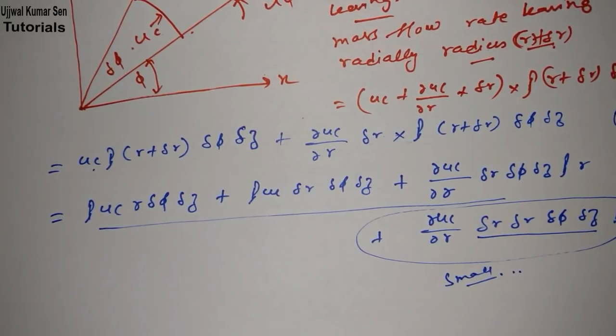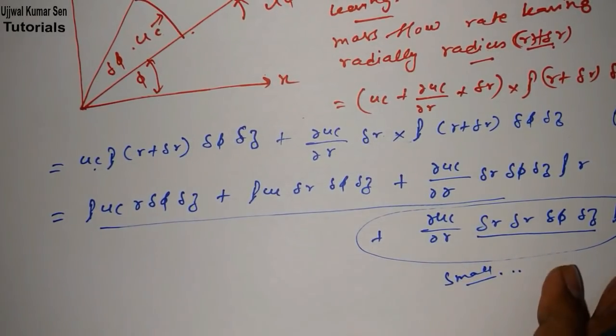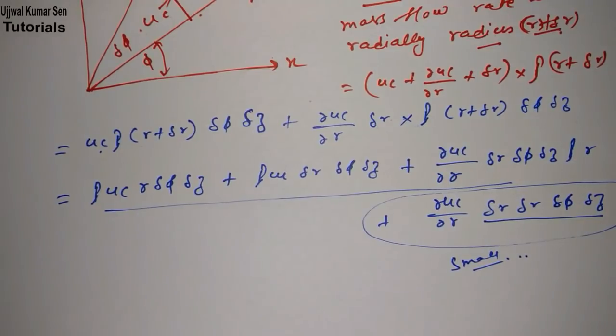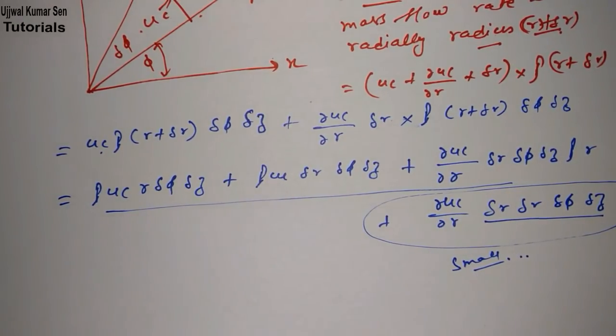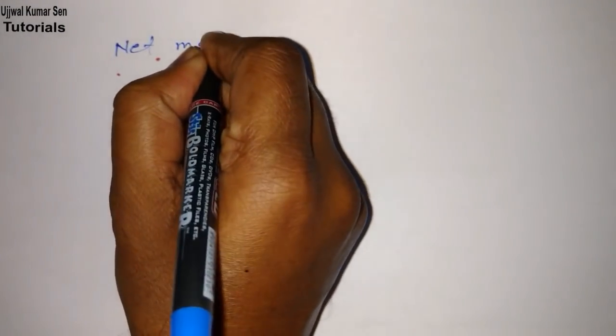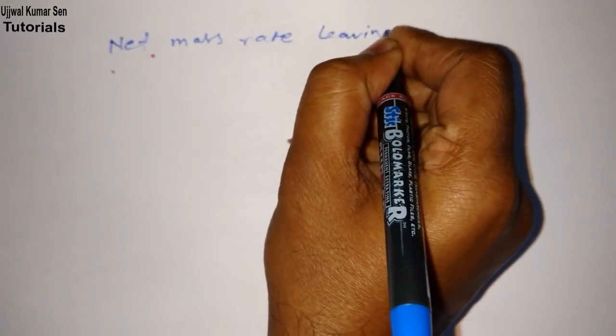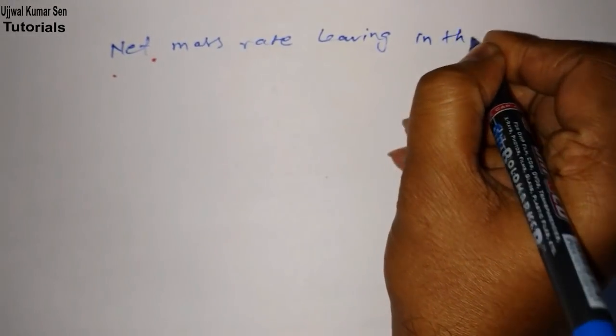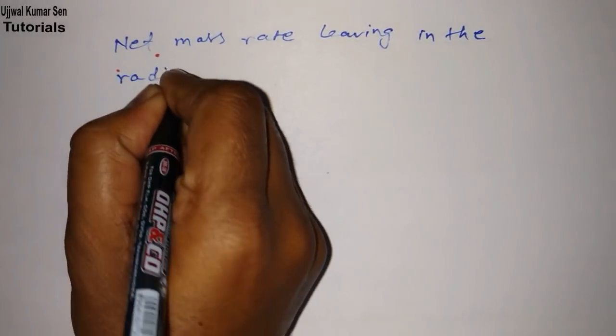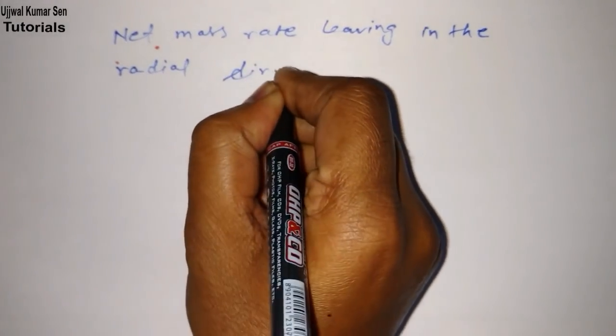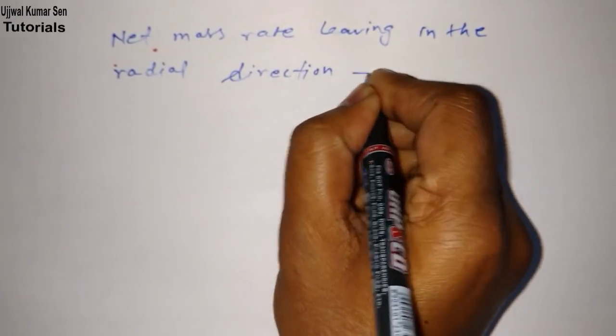Now if you are thinking about net mass rate leaving in the radial direction, we have to find out net mass rate leaving in the radial direction.